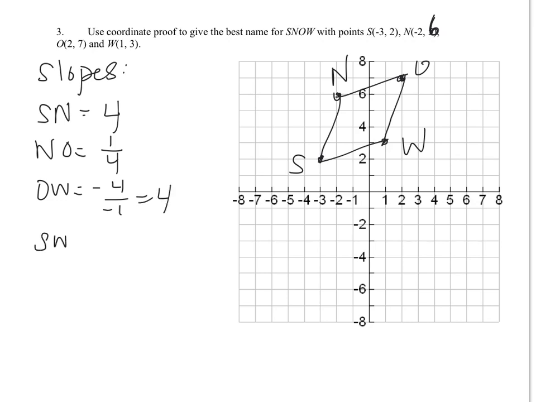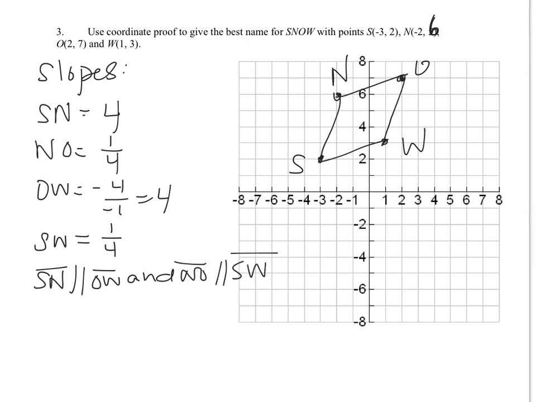And SW is 1/4. Okay, so we can conclude SN is parallel to OW, and NO is parallel to SW. Now notice there's nothing perpendicular here, right? Even though 4 and 1/4 kind of look like they might be, remember we need opposite reciprocals. Okay, so we just have two pairs of parallel sides.